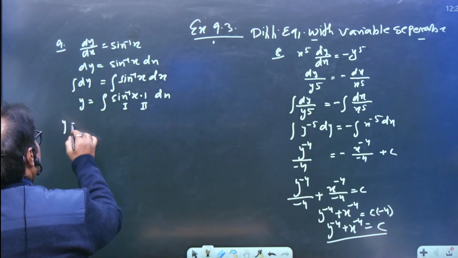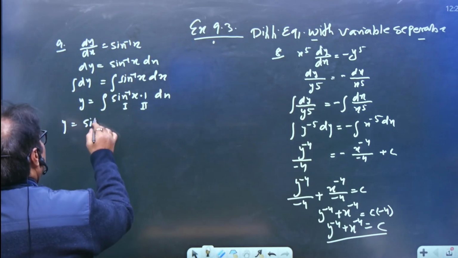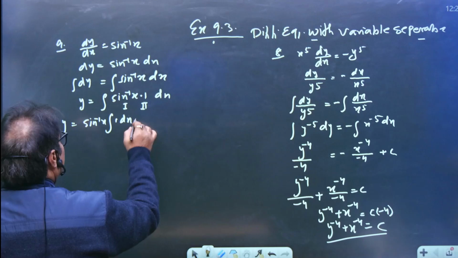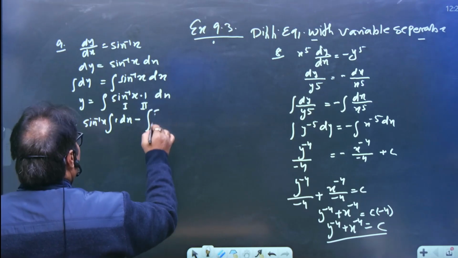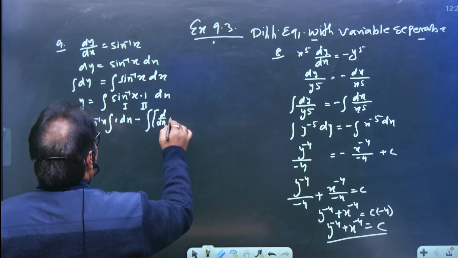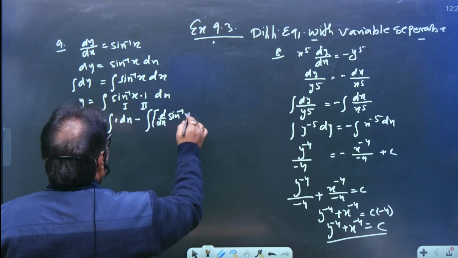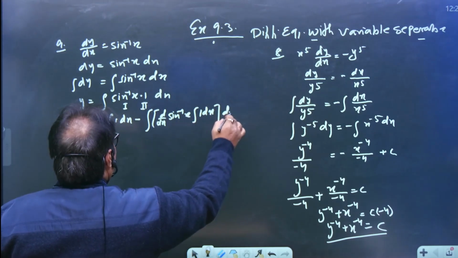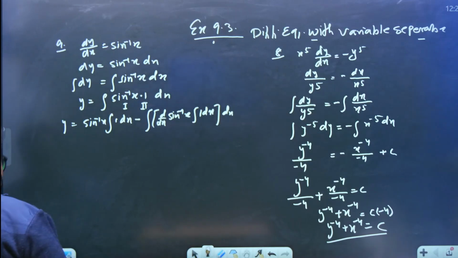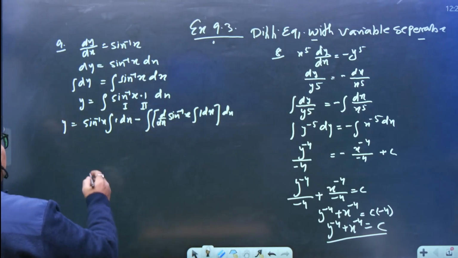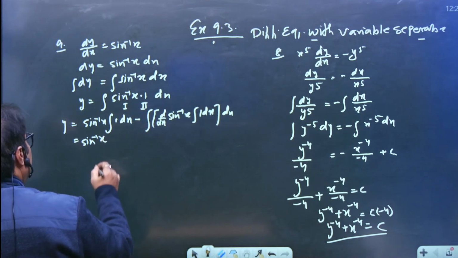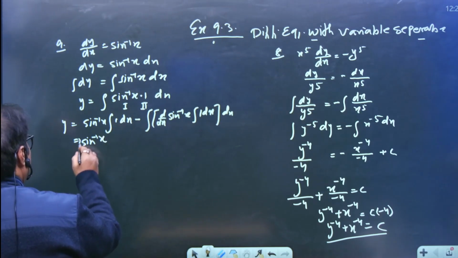So y is equals to sine inverse x into integration of 1 dx minus integration of d by dx of sine inverse x into integration of 1 dx and whole dx. Okay, this is integration by parts. So sine inverse x and integration of 1, that is equals to x.